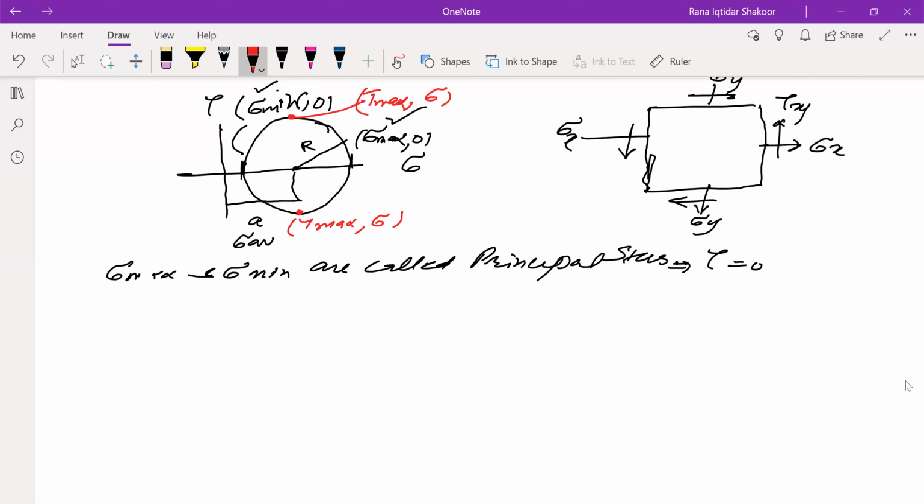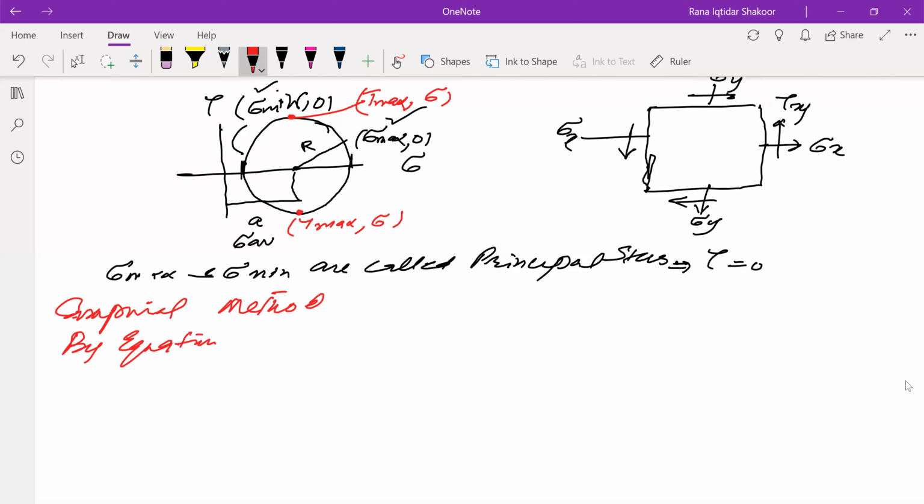One is the graphical method, and the second method we discussed is by equation.